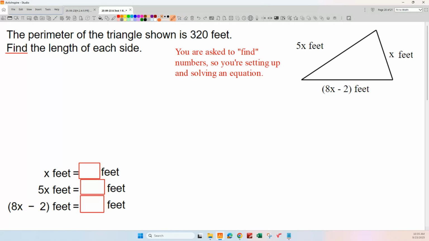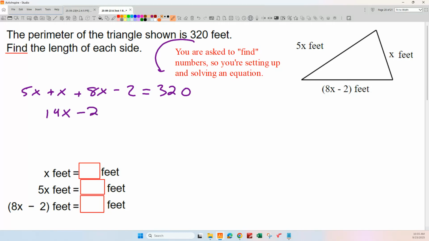You betcha. Okay, so 5x plus x plus 8x minus 2 equals 320, and it's the same thing, isn't it? I'm just going to solve this thing. If I combine like terms, 5x plus x is 6x, plus 8x is 14x minus 2 equals 320. Last two steps, everybody?